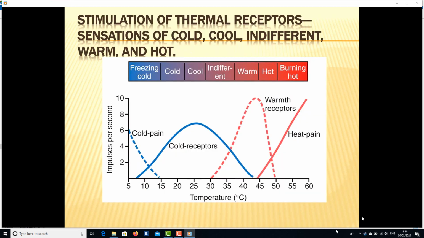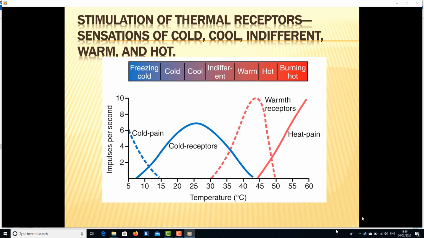You can see by this graph, which shows us the gradation, how the different receptors are stimulated and their relationship with the temperature range, and vertically how many impulses per second they give.